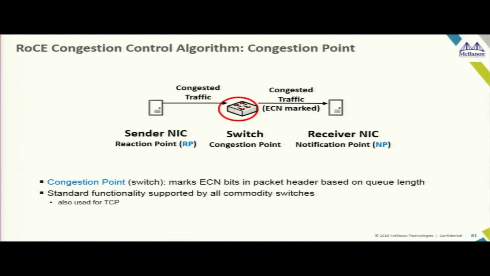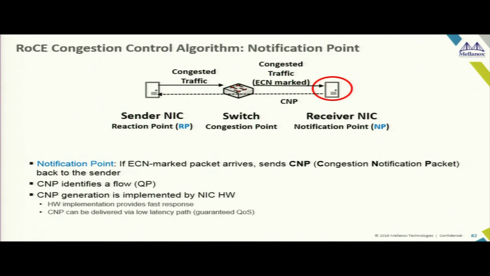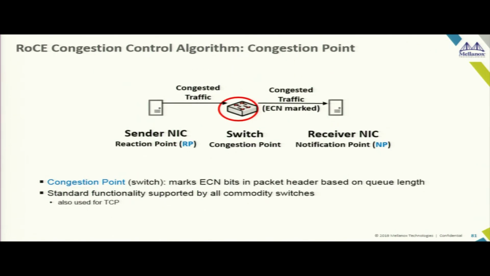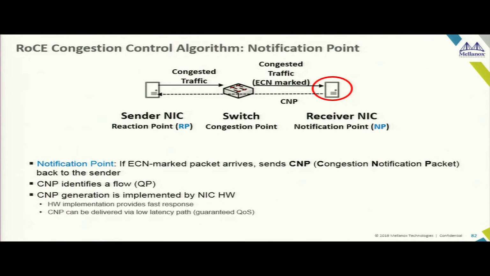Now, let's say in a communication you have a sender NIC, a receiver NIC, and the switch. The switch is your congestion point. So if it is congested, the switch will mark the packet with the ECN bit. This ECN-marked packet goes to your notification point, that is your destination.